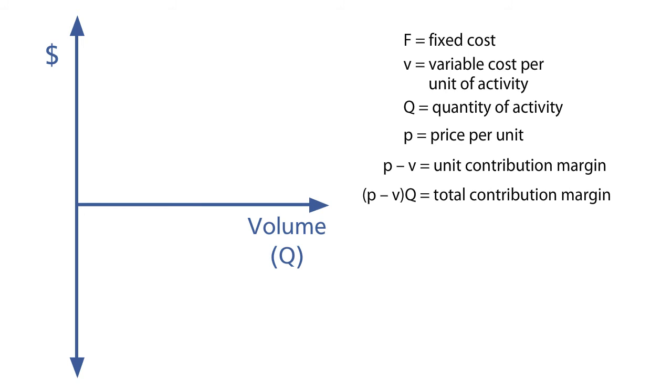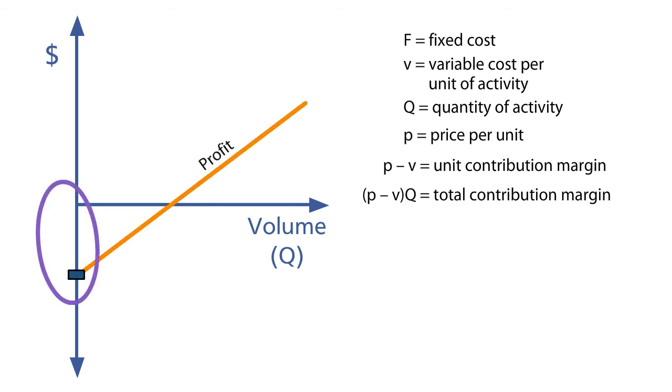So when we graph profit, you see that with no volume at all, we're losing all of our fixed costs because we aren't getting any contribution margin to offset them. So with zero volume, we have a loss of F.